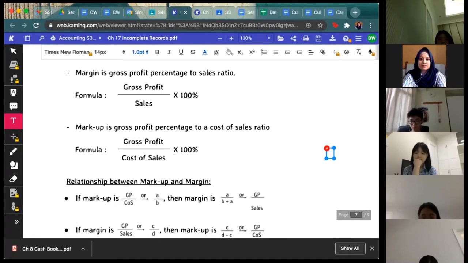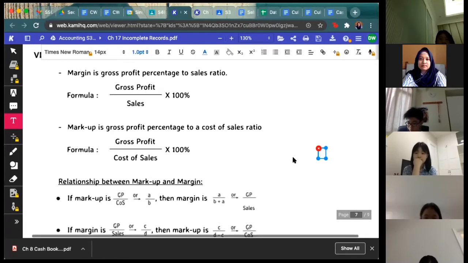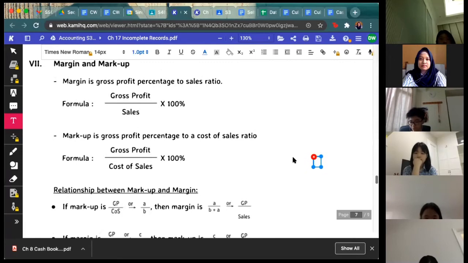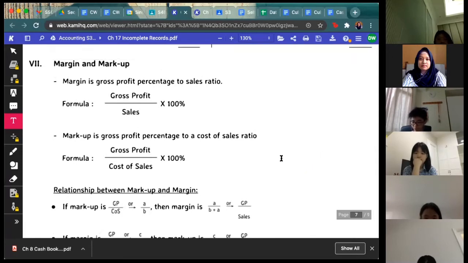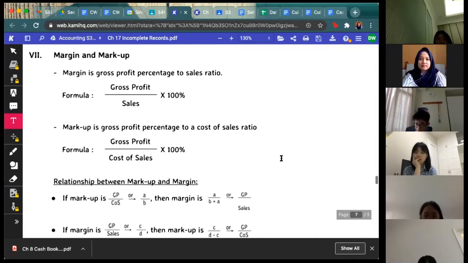So in this incomplete records, you will deal with either statement of financial position or income statement. And margin and markup are usually used in the income statement part, the trading part. If you don't remember, trading part is income statement part 1, where you find until gross profit.